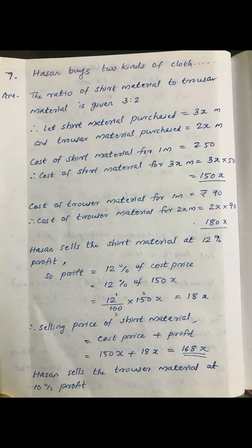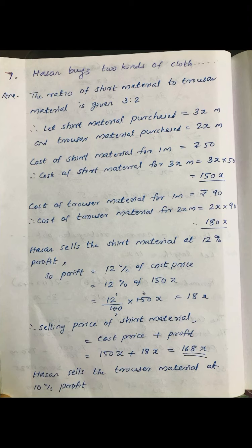And also it is given Hassan sells the shirt material at 12% profit. From that we want to find out how much profit he got in the selling of shirt material. How can we find the profit? Profit equals 12% of cost price.